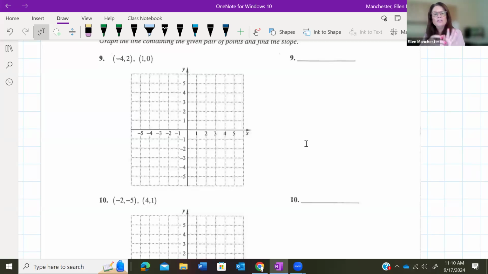So this is not in your math packet. This is additional, but I like it because it gives us a little bit more room to play with the graphing. All right, so go on number 9, go ahead and plot those 2 points. For Zoom, if you want to just draw the graph and plot your points, that works too. And we'll go back to the packet in a minute.